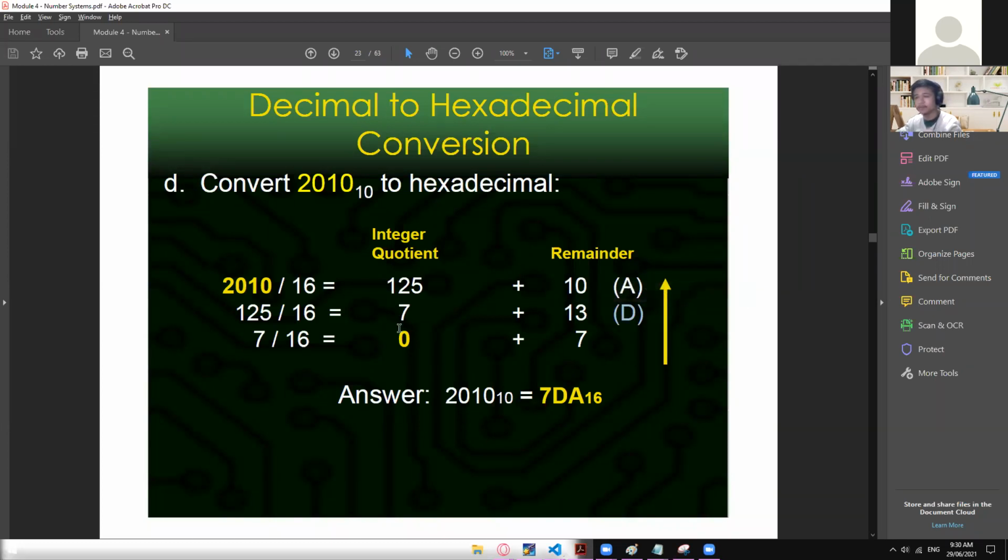Then 7 divided by 16 cannot be, so put 0, and whatever the final number in the integer quotient is, put it as our remainder. Once this is already 0, you can read the remainder part from bottom to top. So this one is 7DA base 16.